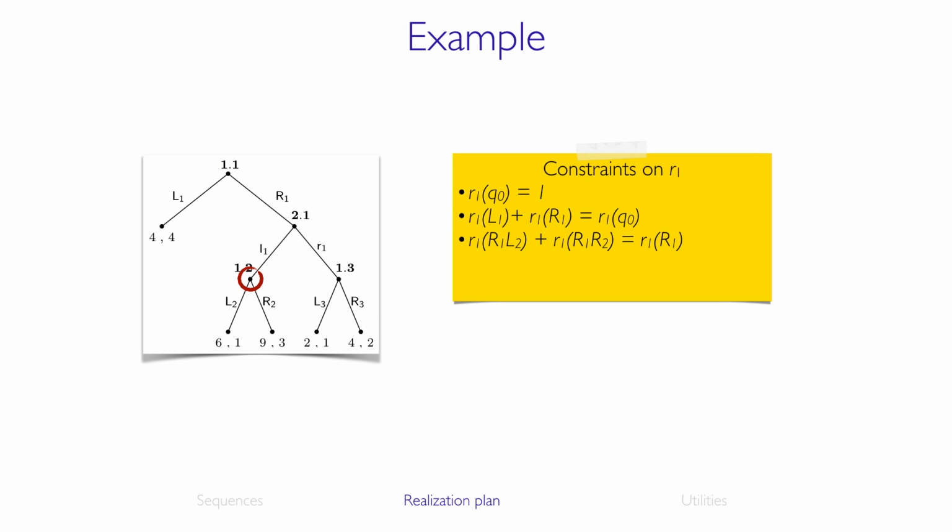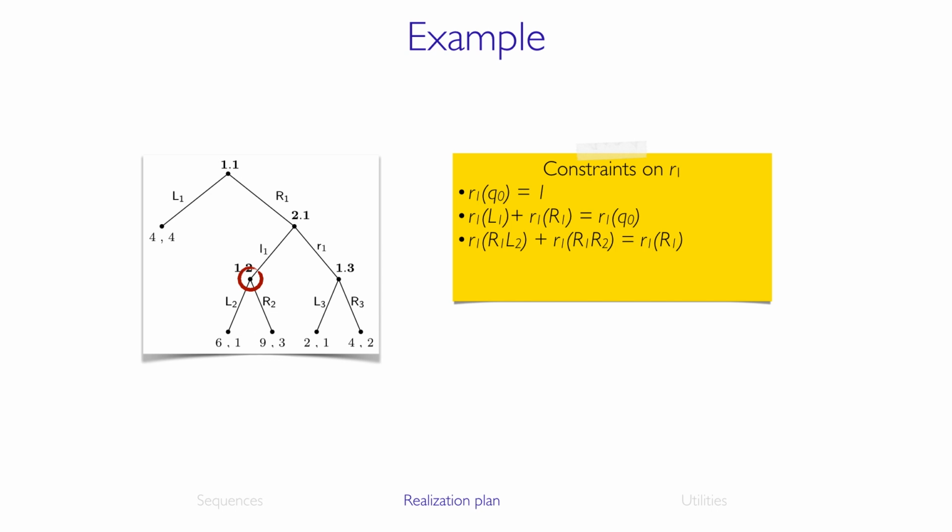Consider information set 1.2. The sequence leading to such information set is uppercase R1. The sequences extending uppercase R1 at this information set are uppercase R1, uppercase L2, and uppercase R1, uppercase R2.